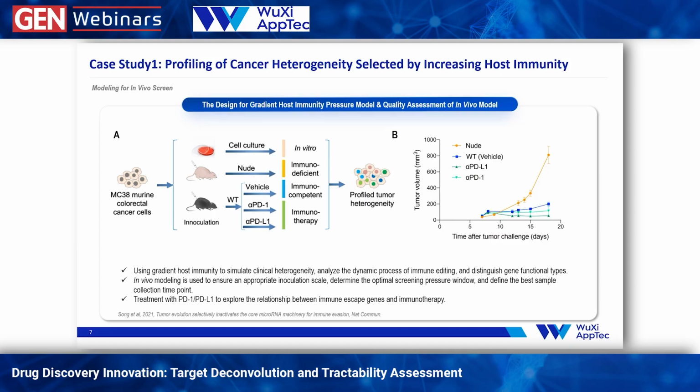Then we go to wild type mice, which means basically normal immune pressure. And then we also add the immune checkpoint PD-L1 and PD-1 drug to increase the immune pressure in these models based on the wild type mice.